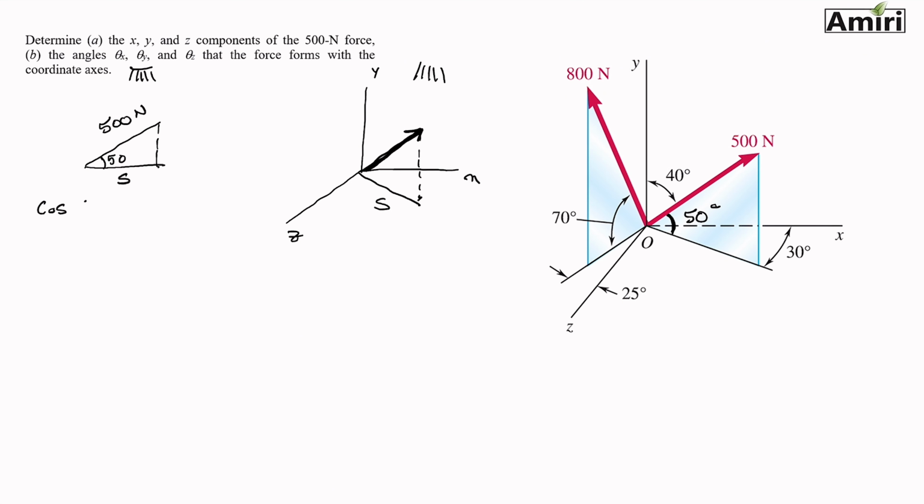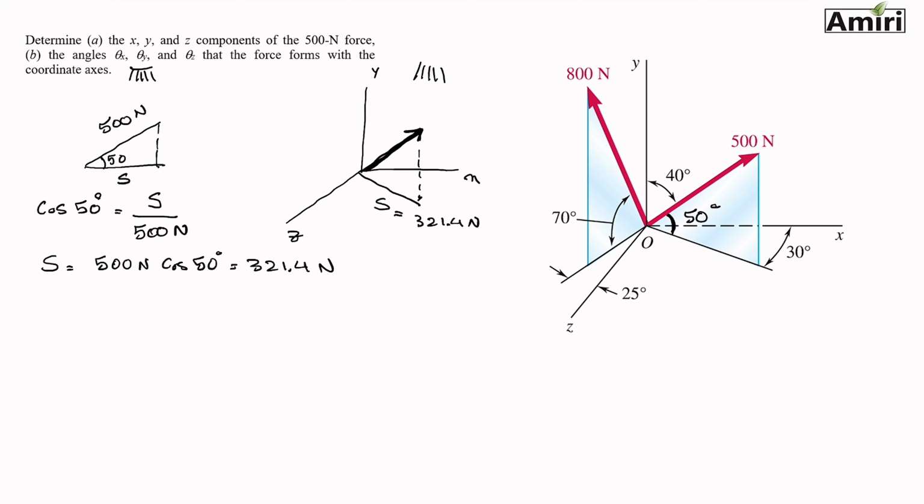If I write cosine of 50 for this triangle that I just drew here, it would be this shadow S over the hypotenuse, which is 500 newtons. So therefore S, the magnitude of S, would be 500 cosine 50, which I did the math for you, 321.4 newtons. So this shadow here is 321.4.